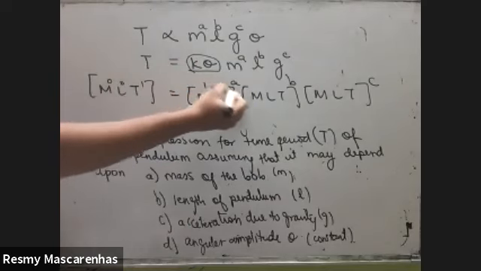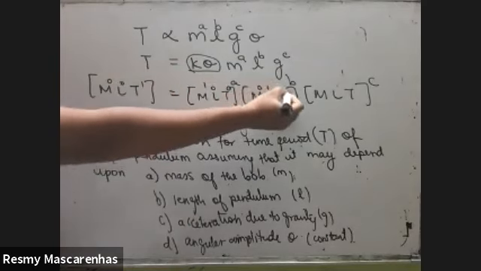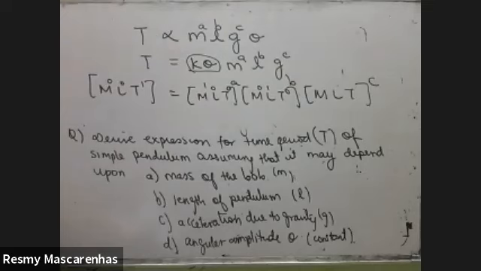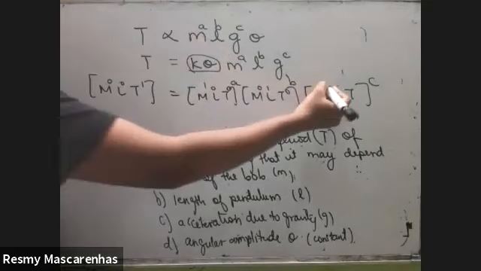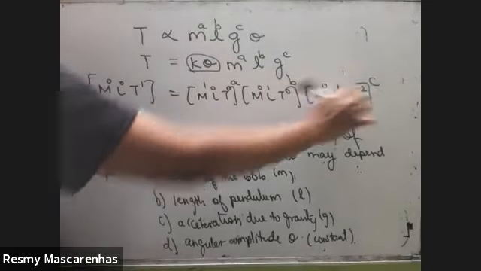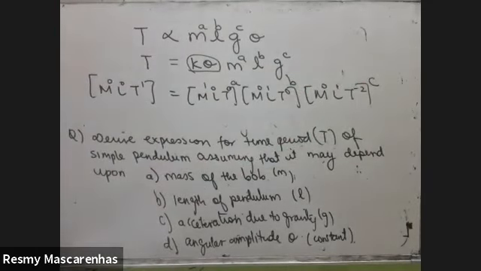Mass will be, length will be, that is 0, 1, minus 2. By now everyone will be knowing this gravitational constant. Acceleration due to gravity is 0, 1 and minus 2. Now take all the powers inside.